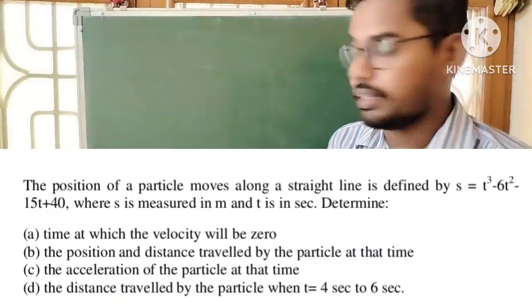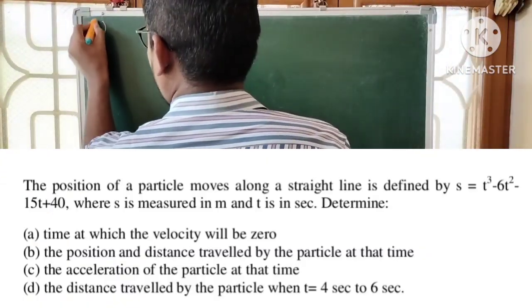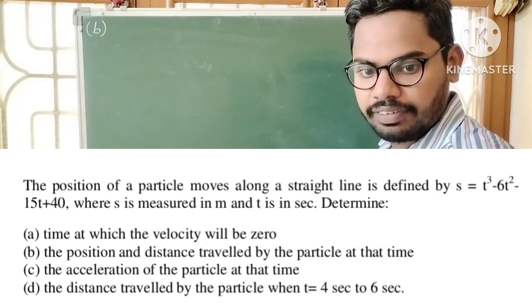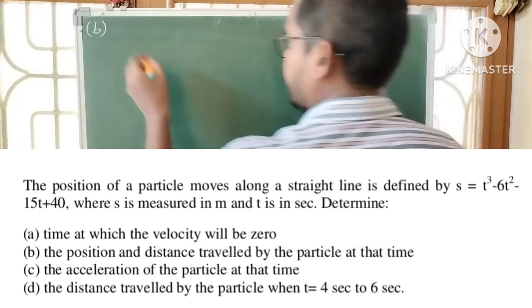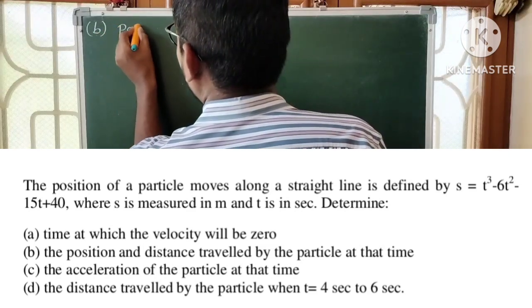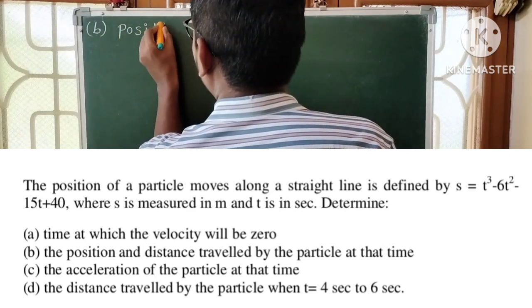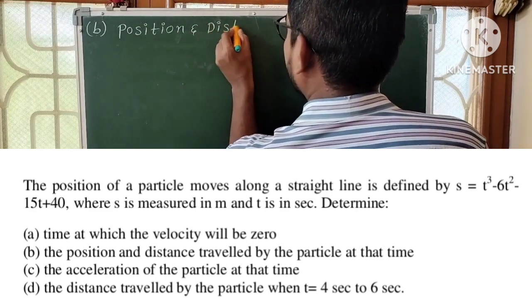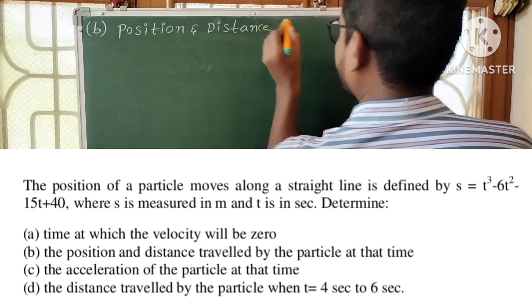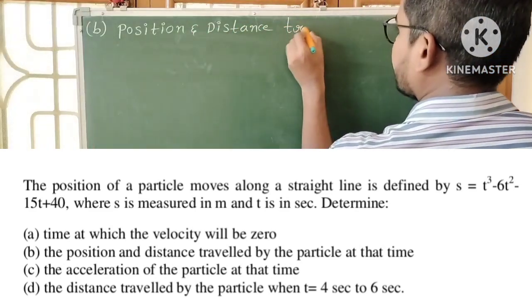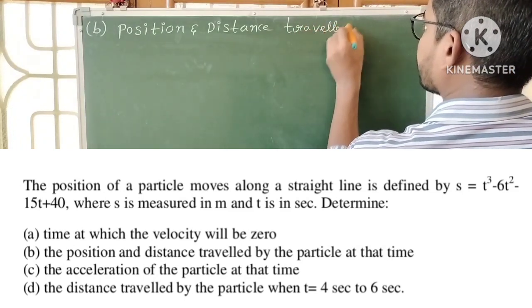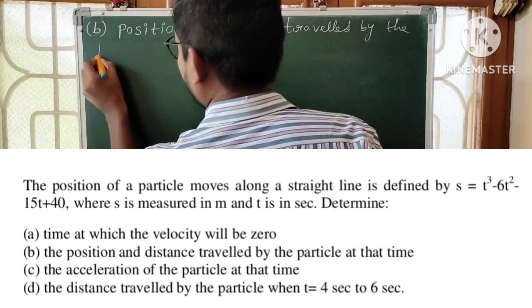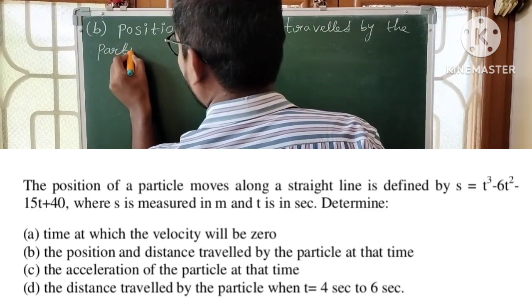Next, B. So next we need position and distance traveled by the particle at that time.